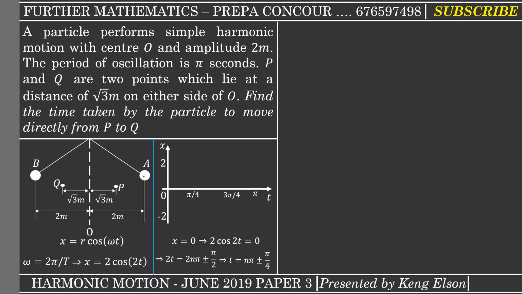So this is point A. You move from A, then you go to the origin. At the origin, the time taken is pi on 4. Now from the origin you go to B, then from B you go back to the origin, and then from the origin again you go back to A. You see, this is one oscillation.